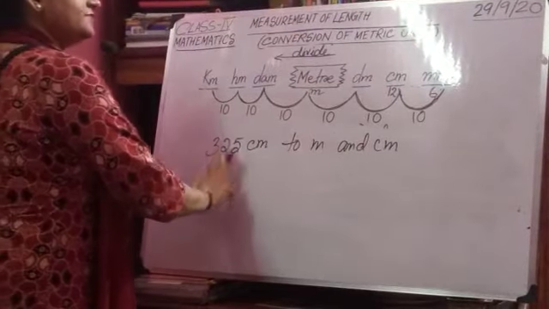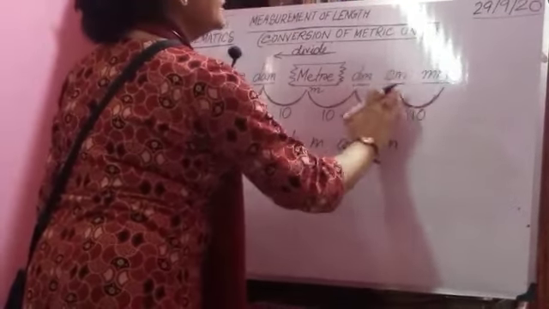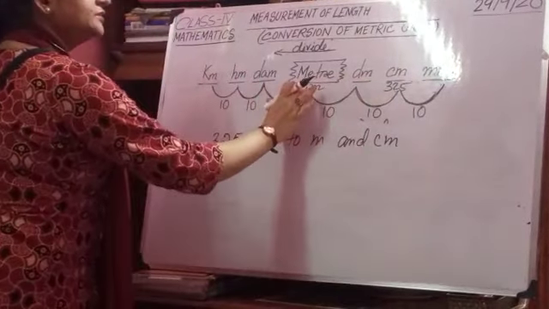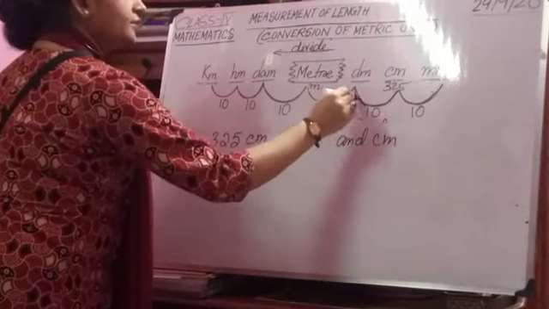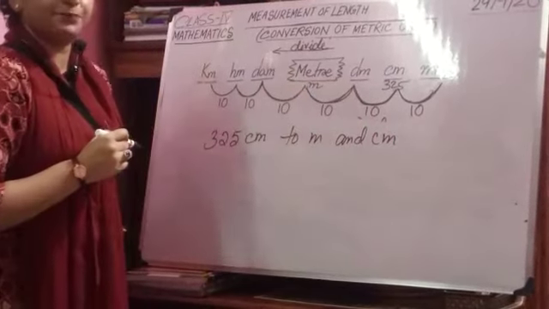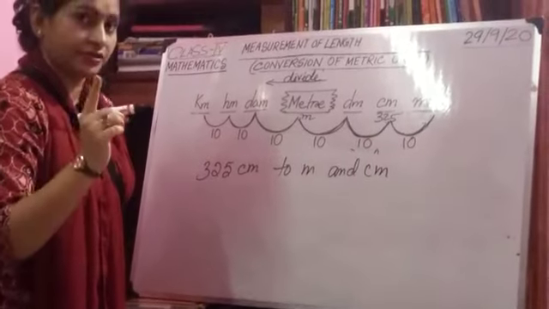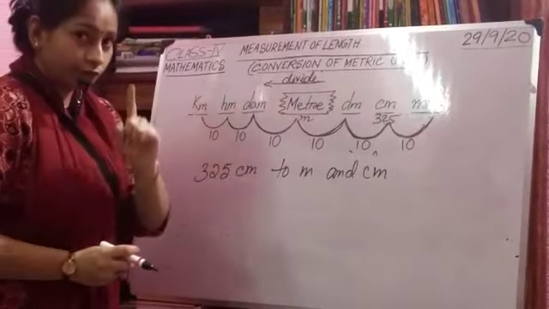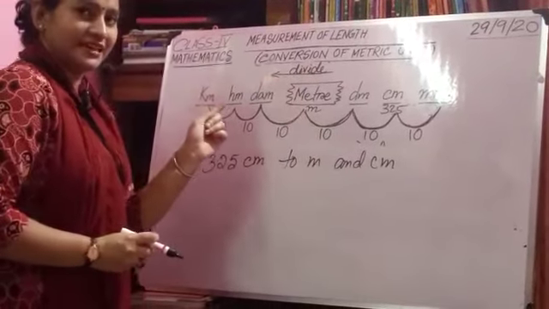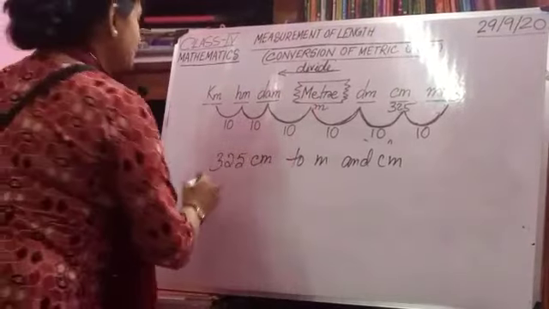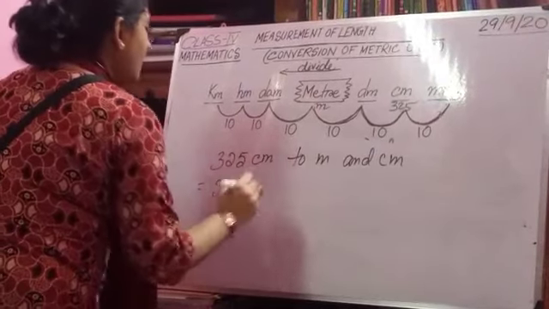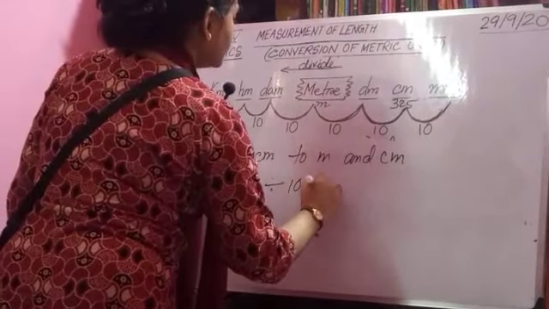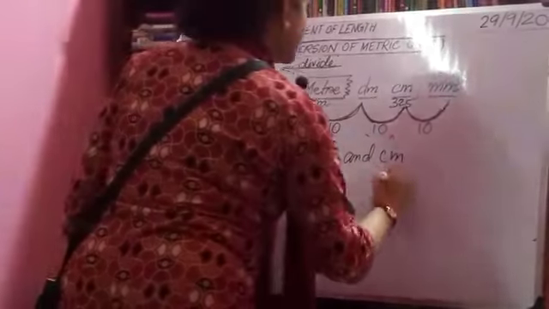So 325 centimeter is sitting here, and it has to travel here, right? So 1, 2, 2 gaps, that means 10 into 10, 100, but this time you are moving left hand side, and if we move left hand side along this scale, we have to divide. So 325 divided by 100 centimeter, right? Let us see.